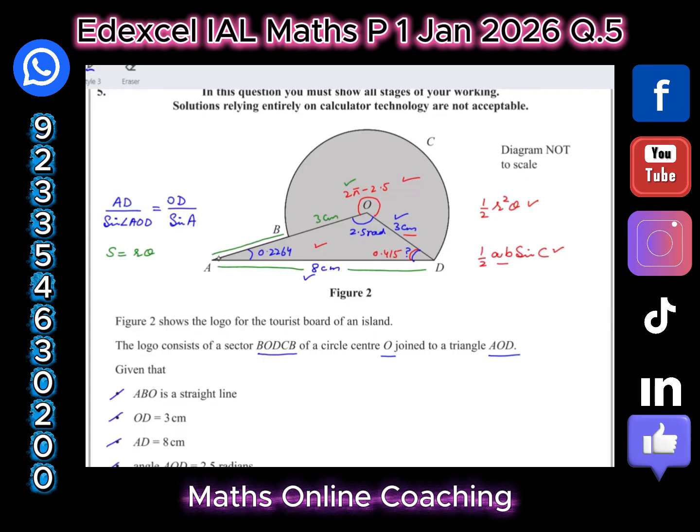To calculate AB, first we have to find AO in the triangle. And then we have to take OB by subtracting BO from AO. AB is equal to AO minus BO. So to find AB, first we have to calculate the side of the triangle AO. Again, we use the rule of sine to get this side.